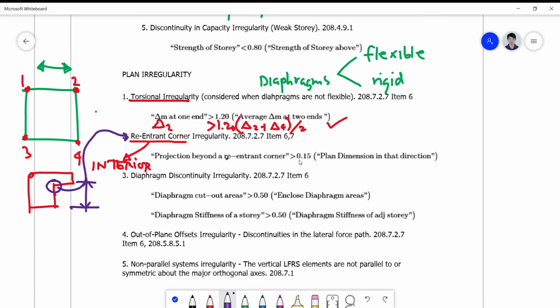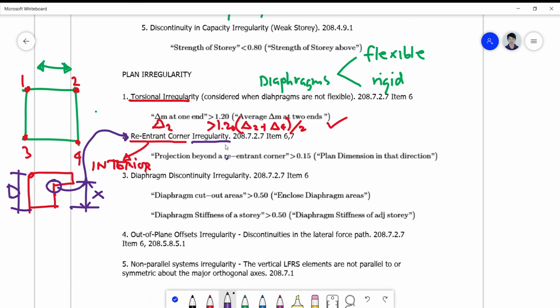It must not be greater than 15% of the plan dimension. If this is letter D and this is your X, X must not be greater than 15% of D, or else you will have a re-entrant irregularity. So that's how to diagnose this.